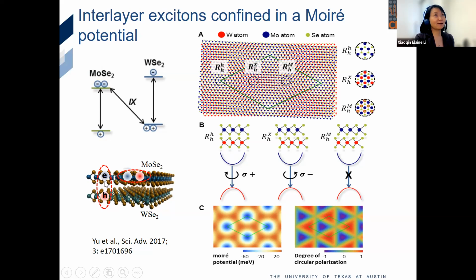Certainly we see the emission from them very, very easily. The absorption is very weak. People cannot do direct optical absorption and see this resonance, because their dipole moment is much smaller than that of the intralayer excitons. So this is a cartoon.